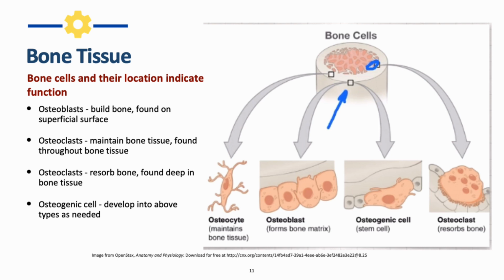And then osteogenic cells are kind of these cells that can turn into osteoblasts or osteoclasts. So you start with this kind of stem cell called an osteogenic cell, and then they'll differentiate into osteoblasts or osteoclasts. So the way that bone is working is it's constantly producing new matrix with the osteoblasts and removing old matrix with osteoclasts.